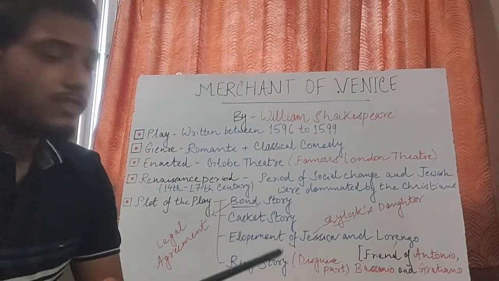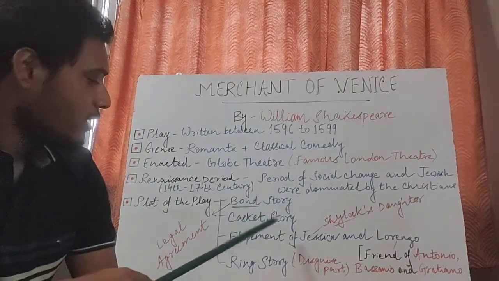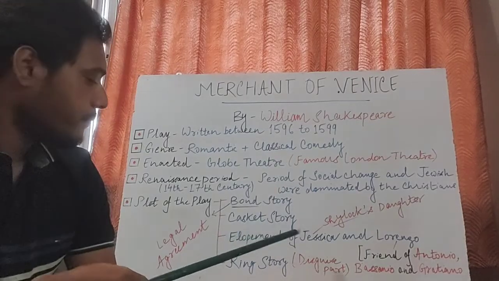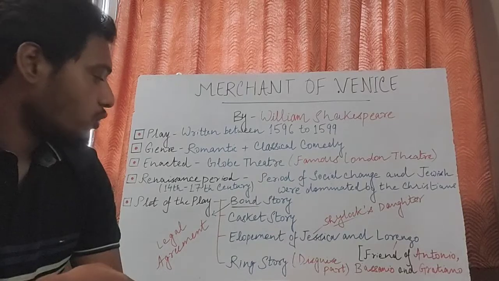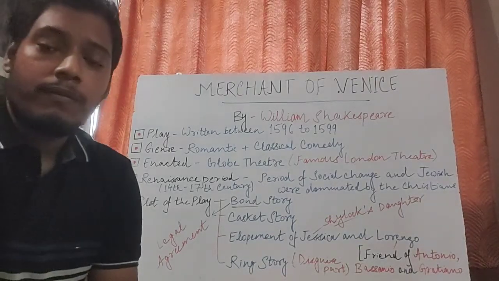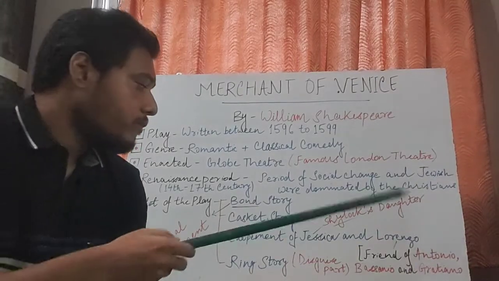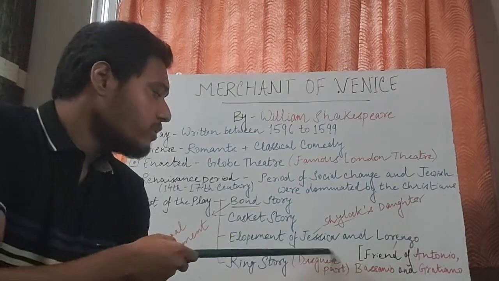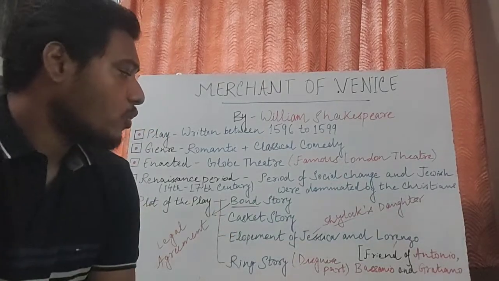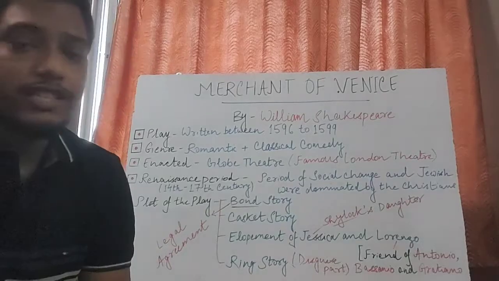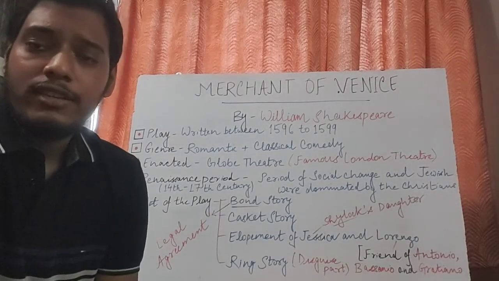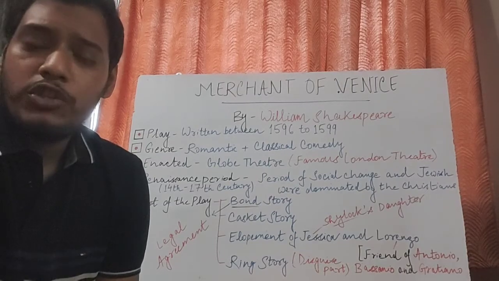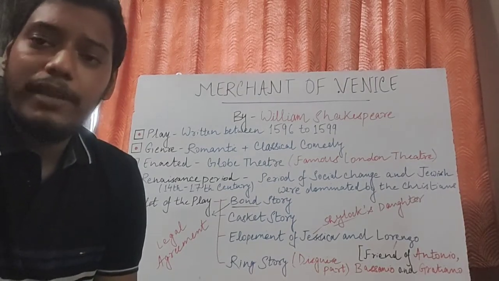These are the plots of the play: Bond story, casket story, elopement of Jessica and Lorenzo, ring story. Before going into who is Jessica, who is Lorenzo, who is Shylock, Antonio, Graciano, Bassanio, on the screen you will get to see all the characters of the play.